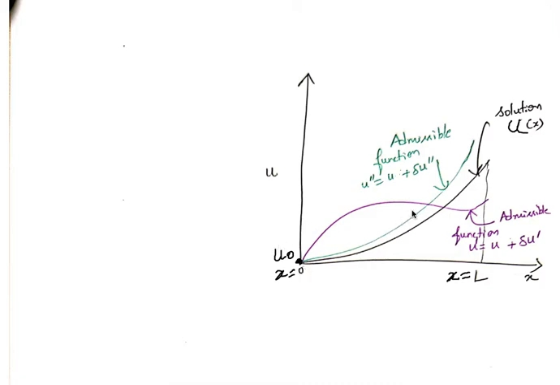Now, when you are looking at possible solutions to the problem, you are saying that whatever possible solution you are considering, it is going to be an admissible variation in u.